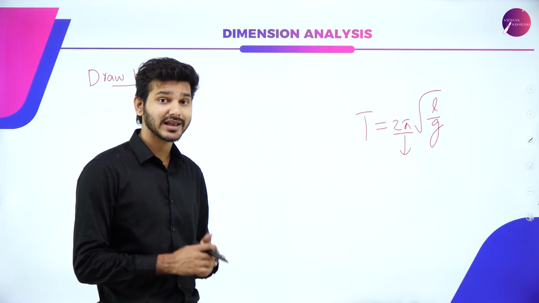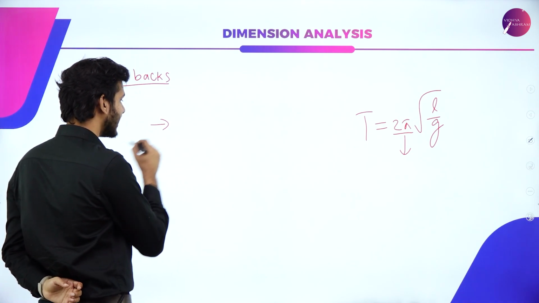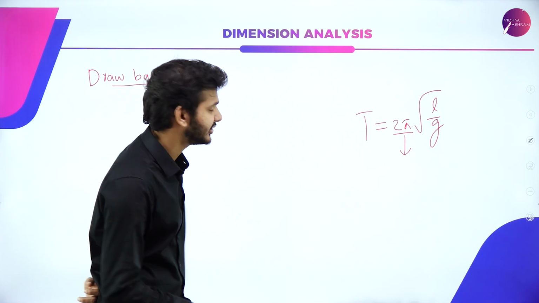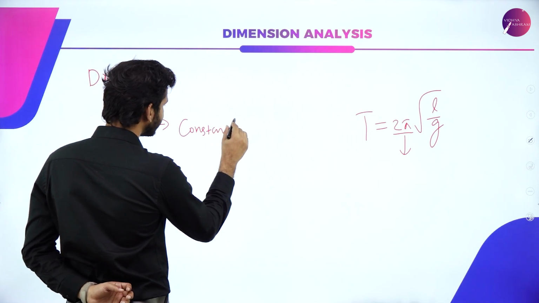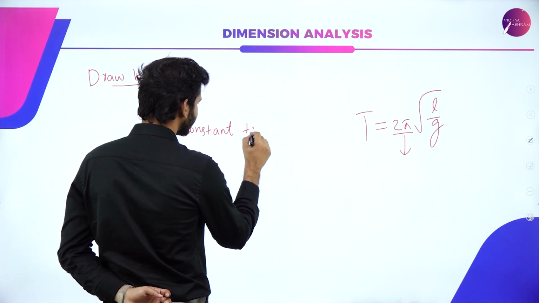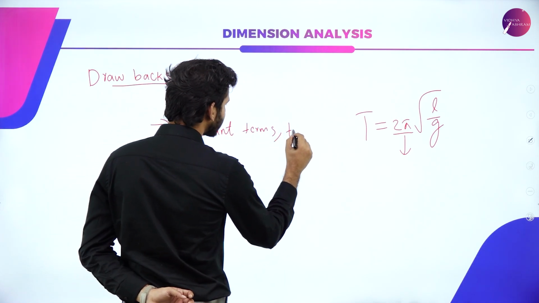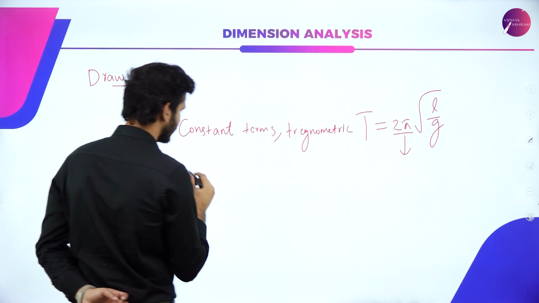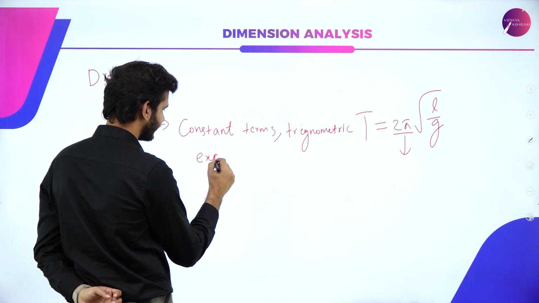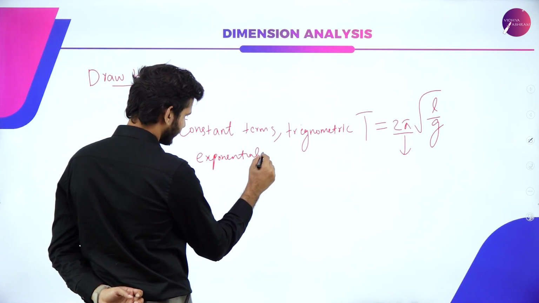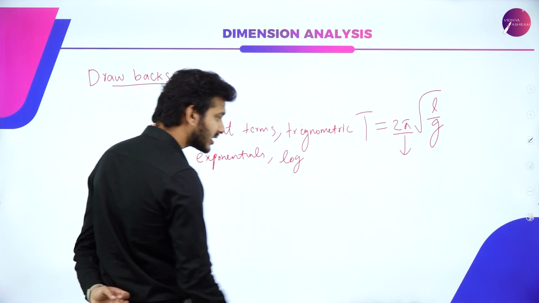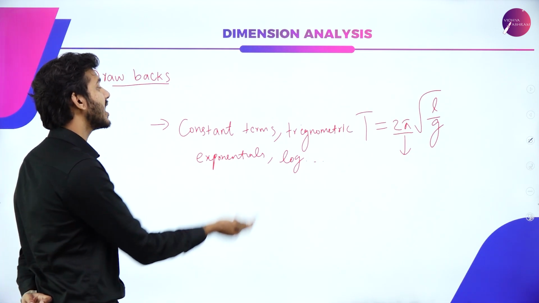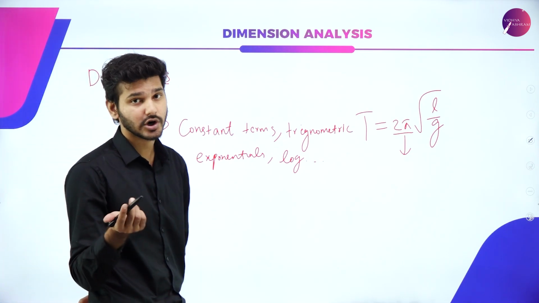So that is one more drawback: we cannot use dimensional analysis to analyze constant terms, trigonometric terms, exponential and log terms, etc. All these kinds of terms cannot be analyzed using dimensional analysis, and that is a drawback.